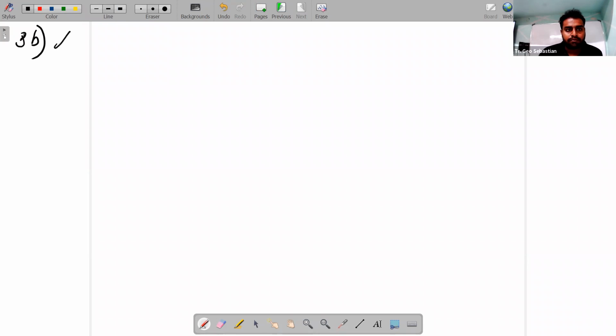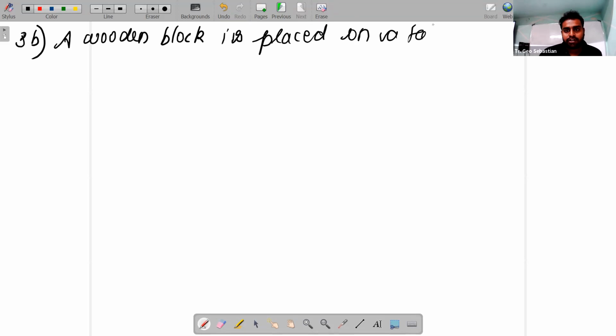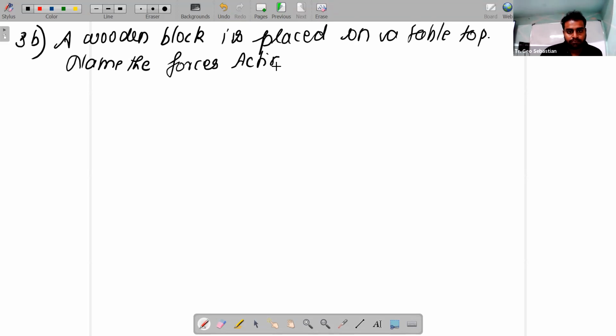A wooden block is placed on a table or on a tabletop. Name the forces acting on the block.